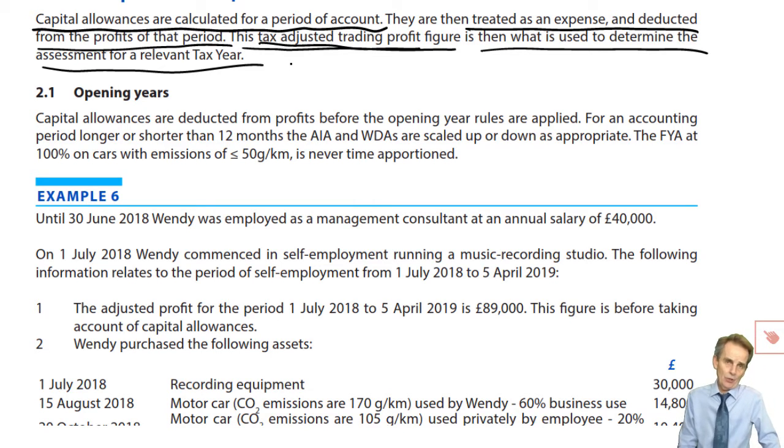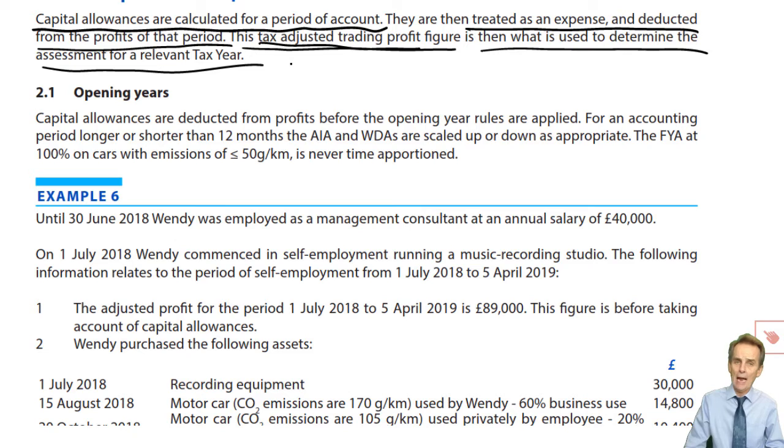The writing down allowance, on the other hand, remember we said 18% and 8%. Those figures are per annum, 18% per annum. And on that basis, if we incur expenditure in the opening period, and that opening period is other than 12 months, then that WDA, whether it's 18% per annum on the main pool items, or 8% on the special rate pool items, whichever it is, has to be time apportioned.